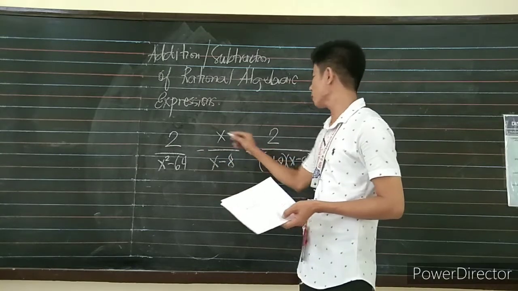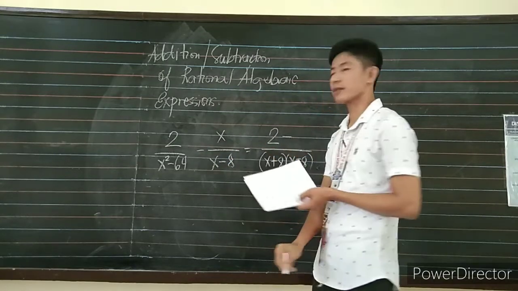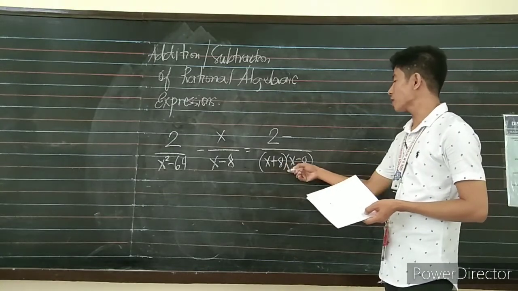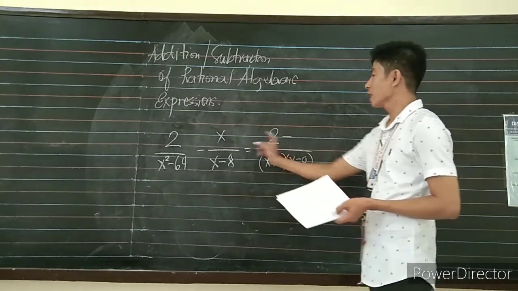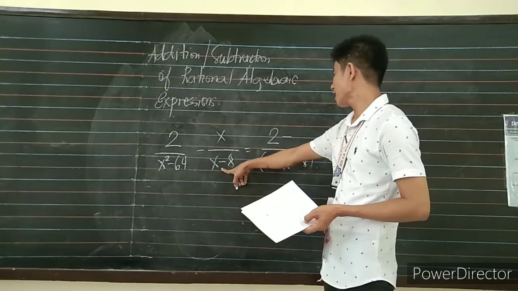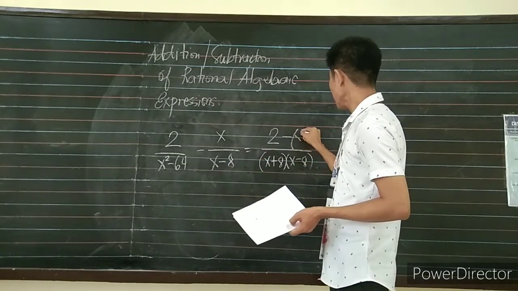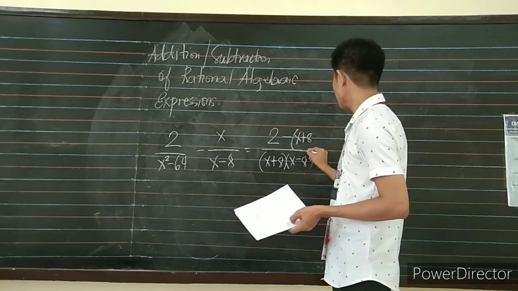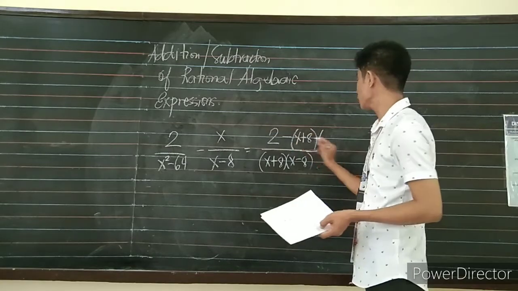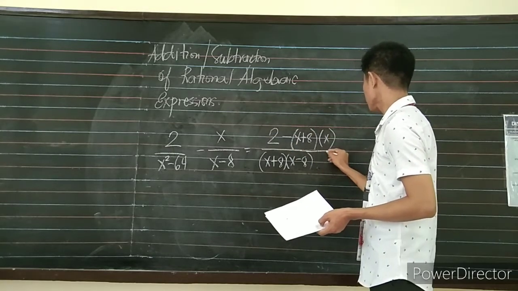Copy the subtraction symbol here, that is minus. Then, the quantity x plus 8 times the quantity x minus 8 divided by x minus 8, the answer is x plus 8. Then times the numerator, which is x.